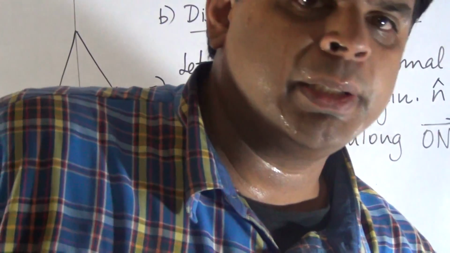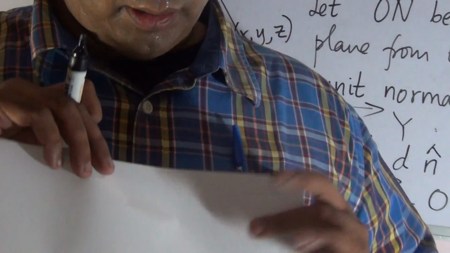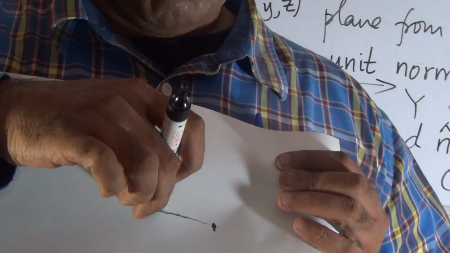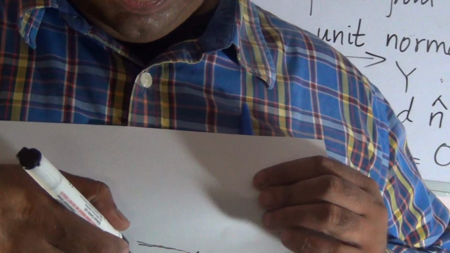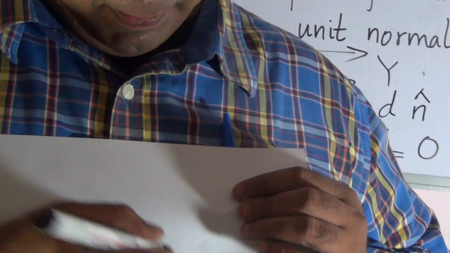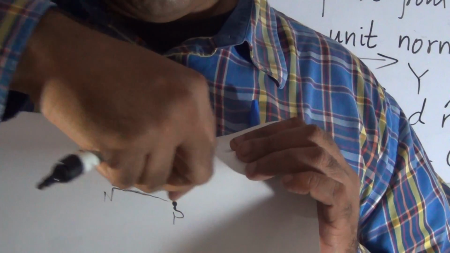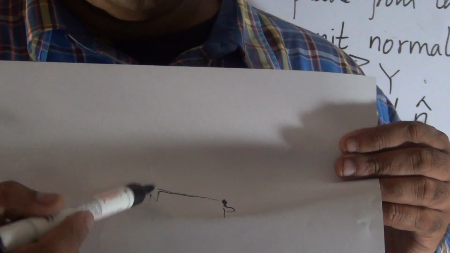So here, let's just recap it. Here I have the normal coming out like this. Here is my point P. So I know that if I draw this line, here is N, here is P. From the origin this is coming, so ON vector will be certainly perpendicular to PN vector. And how do we capture the notion of perpendicularity? The inner product between PN and ON should be equal to 0.